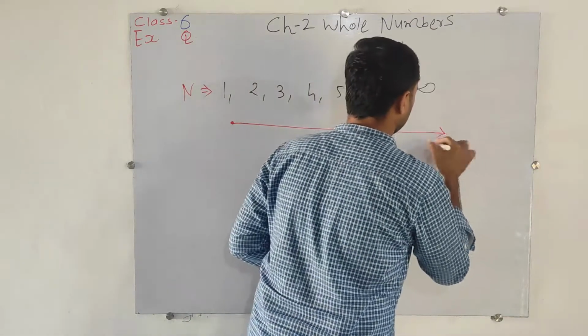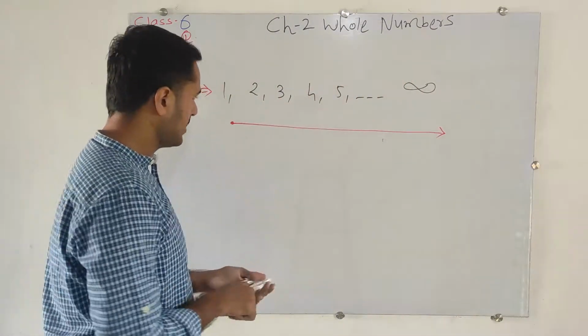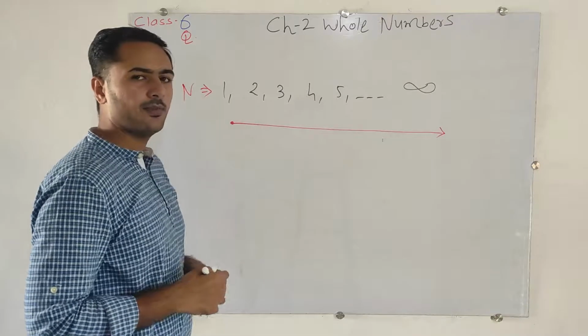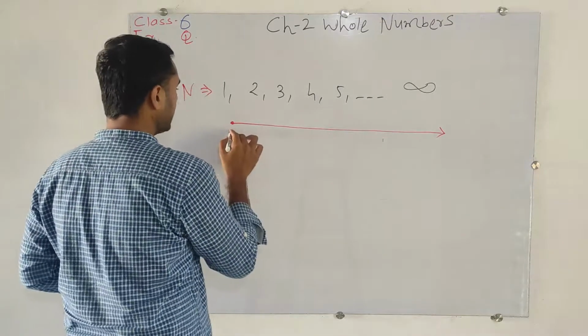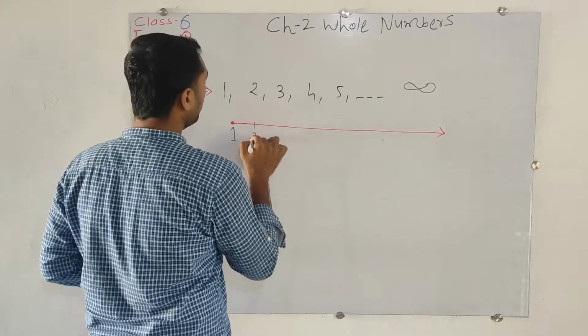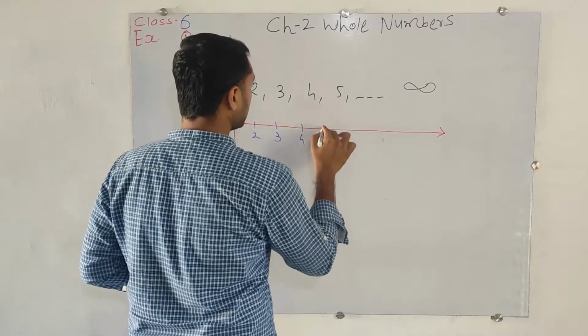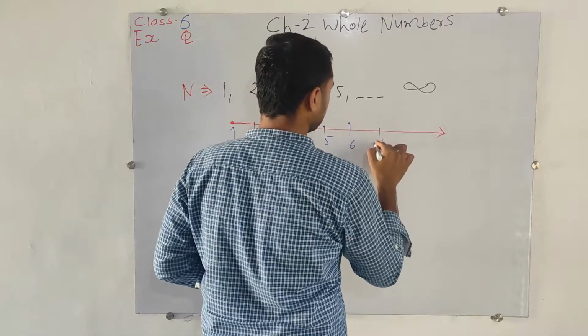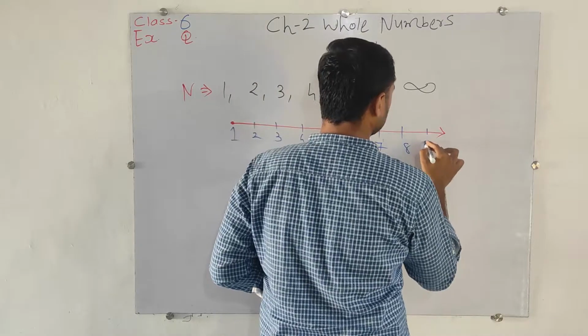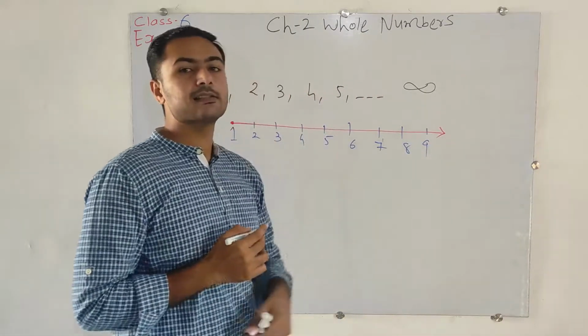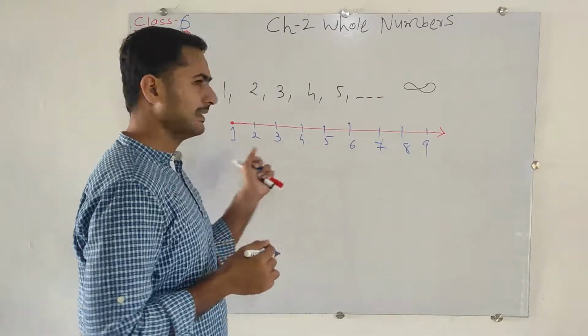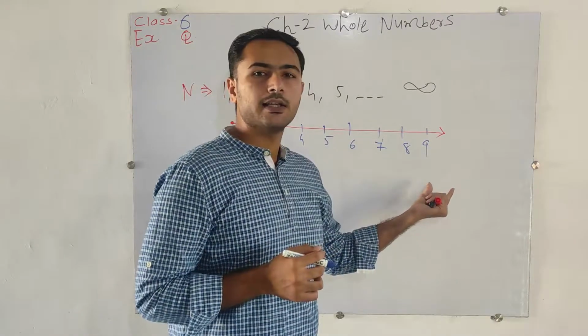Here is the number line. Now just observe that natural numbers start from 1, so we will start from 1 on the number line. After 1 there is 2, 3, 4, 5, 6, 7, 8, 9. This arrow means the series doesn't stop.